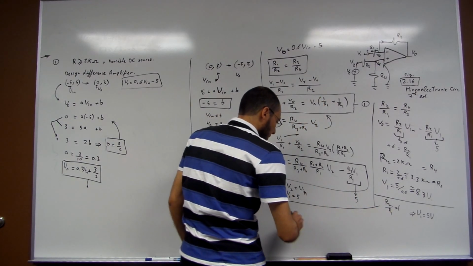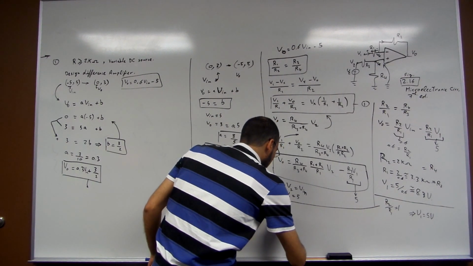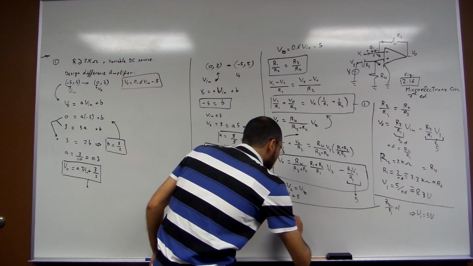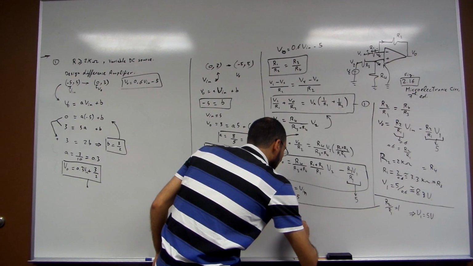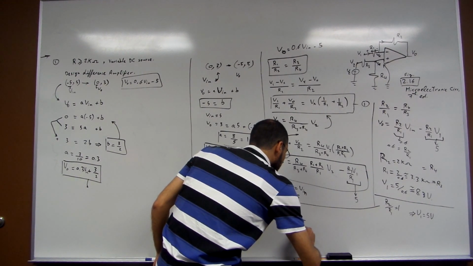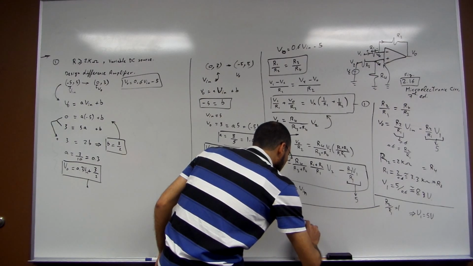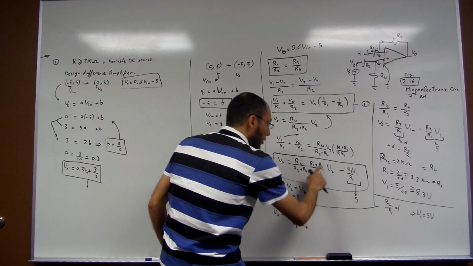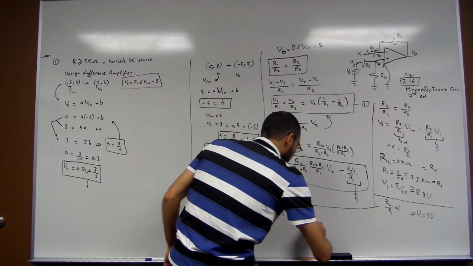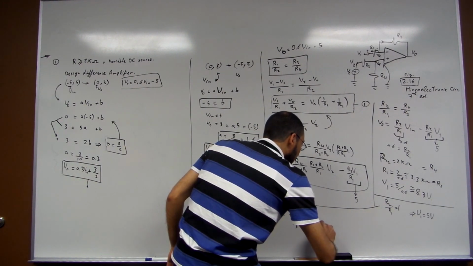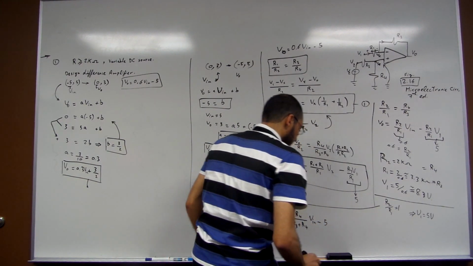Okay, in that case, V output equals 2 R4 over R1 plus R3 plus R4, because this is going to give you a 2. V input minus 5.